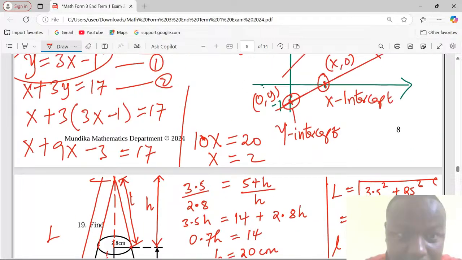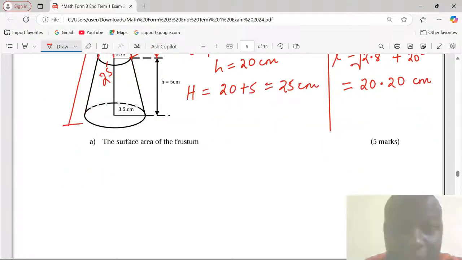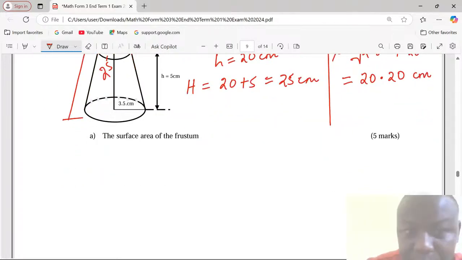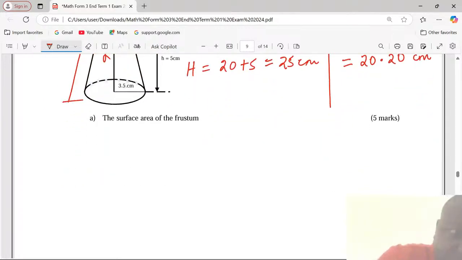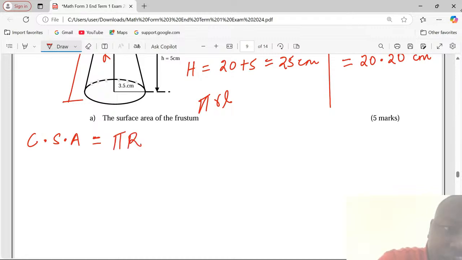Now we have to calculate the surface area. I'm assuming that it is a solid frustum, so that we talk about curved surface. Curved surface area of a cone is given by pi RL. So for this case, we need pi RL, then we subtract the cone which was cut off, pi rl.